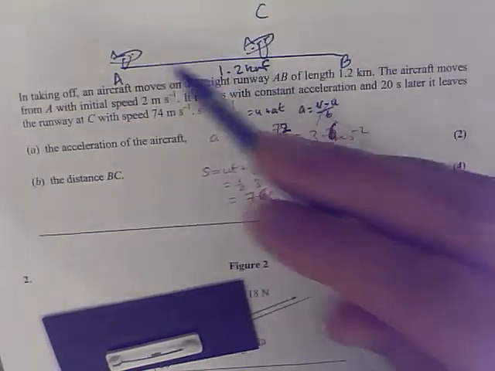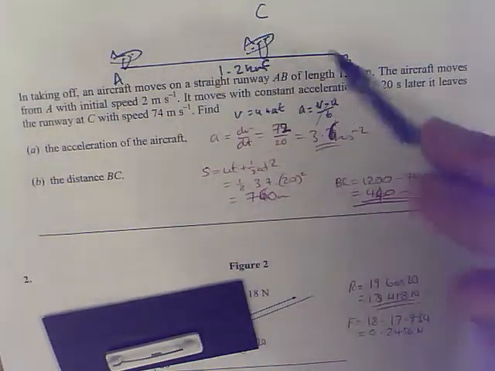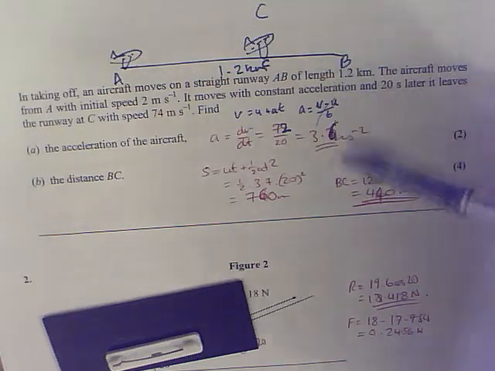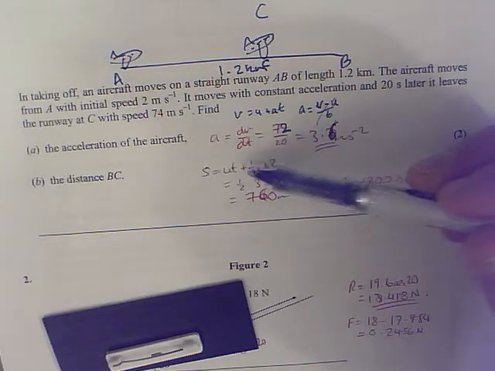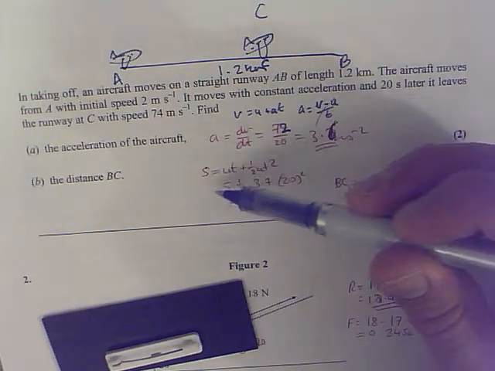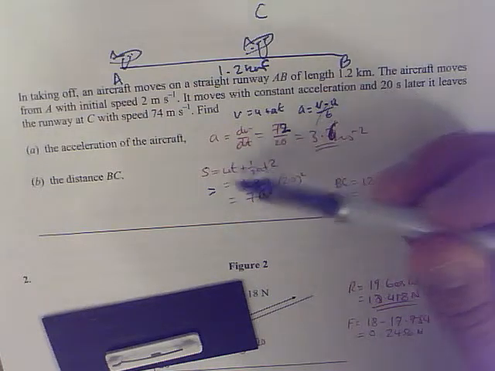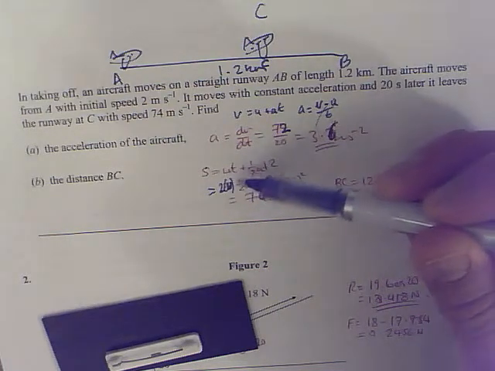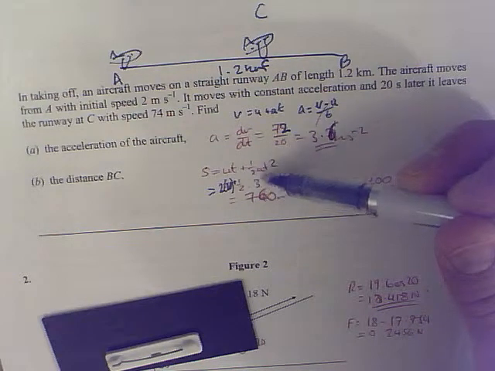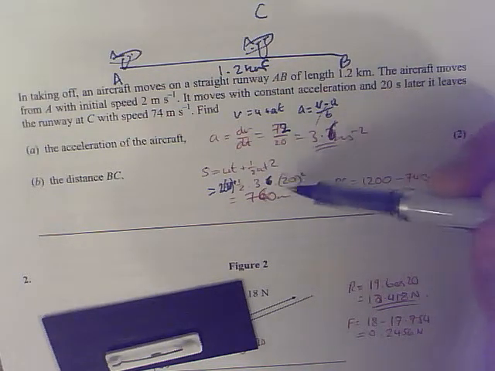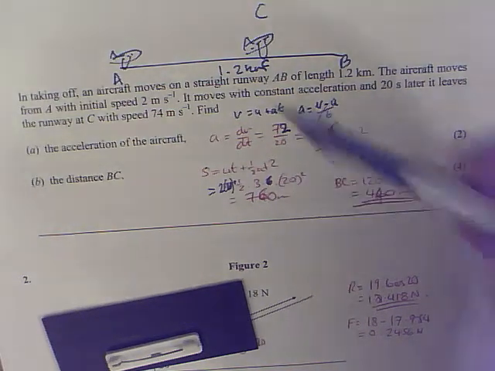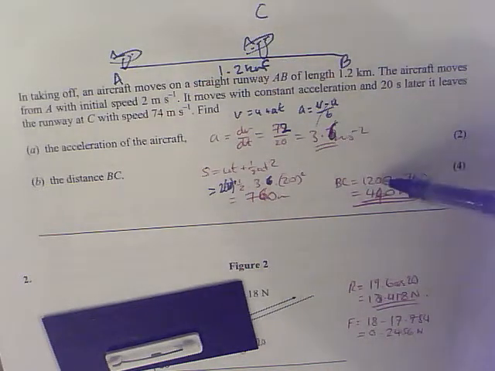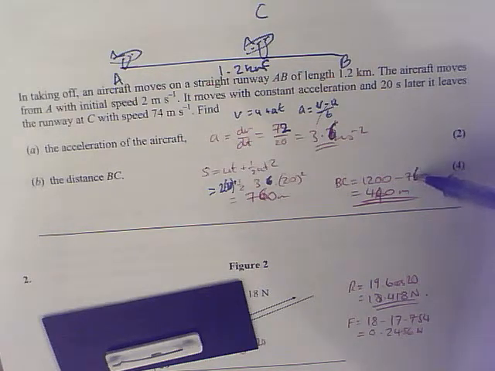Here's the tricky bit. The distance BC is from B to C. It's from the end of the runway to the point where it takes off. Now, if you work out the distance from where it starts to where it takes off, the bit where it hits 74 meters per second, then you have to subtract this distance from the distance of the whole runway to get BC. If you use s equals ut plus a half at squared, ut is 2 times 20 plus a half times the acceleration, 3.6, times 20 squared.